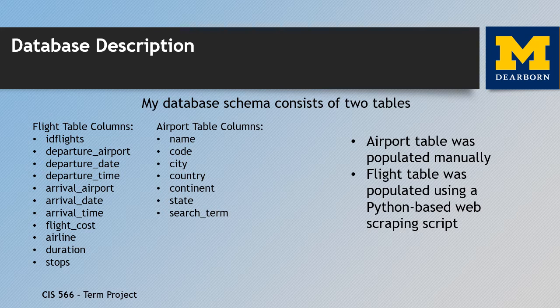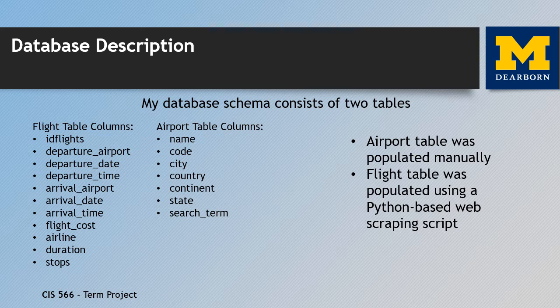My airport table contains fields for the name of the airport, the code, which is the three-letter code that's unique to every airport, and then where it's located, so the city, country, and continent, and the state if it's within the US, and an optional search term. I found that Expedia, which is the website I use, doesn't always handle the three-letter codes as you'd expect.